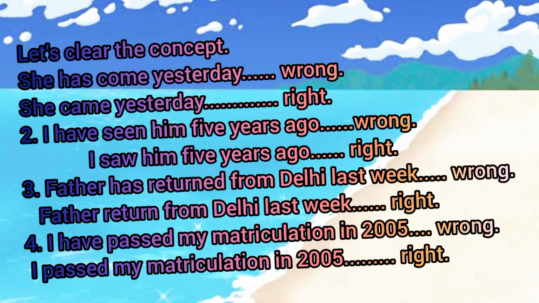Actually, the correct sentence is "I saw him 5 years ago," not "have seen." I don't think this statement is correct. "I saw him 5 years ago" is the correct statement.